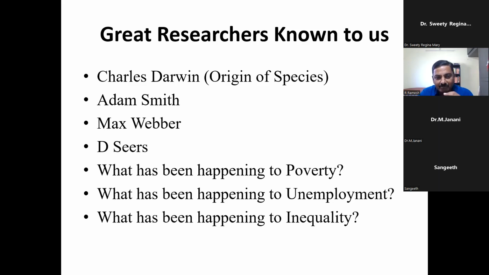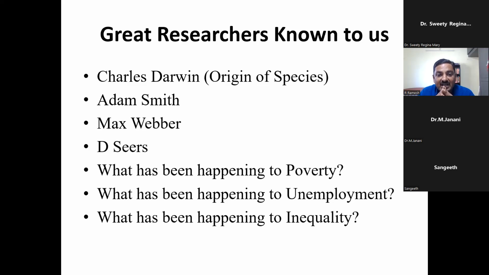For example, the last one I have given is about D. Sears. This man analyzed the data of several different countries, and he is saying: leave me in any country and give me data for these 3 data points, which I have given here, and I will be able to tell you if this country is making progress or is in regression mode.